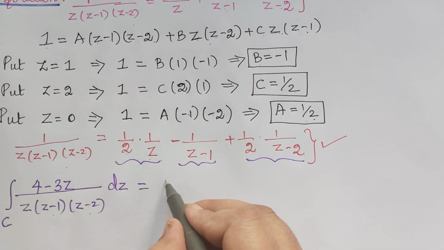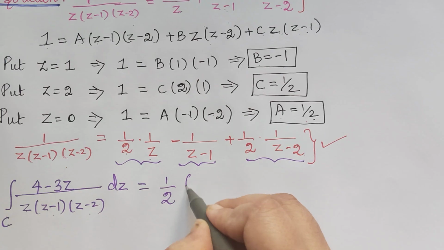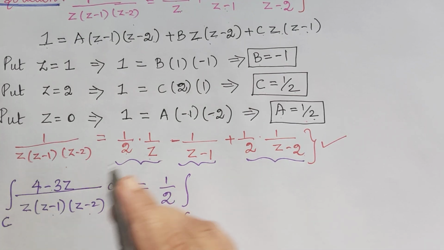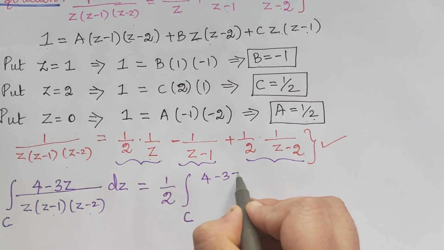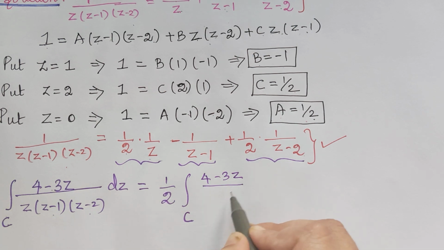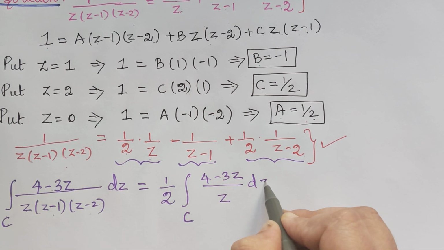For the first integral, 1 by 2 is a constant, integral over C, and we have 4 minus 3z divided by z, dz.